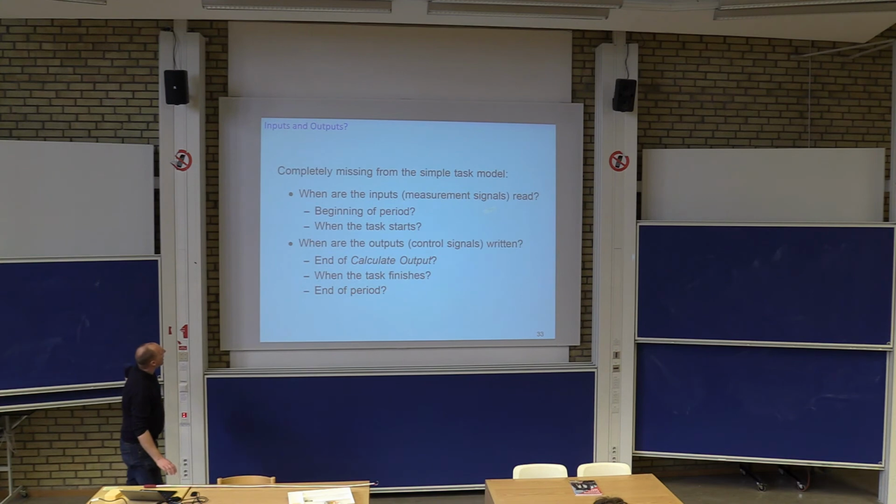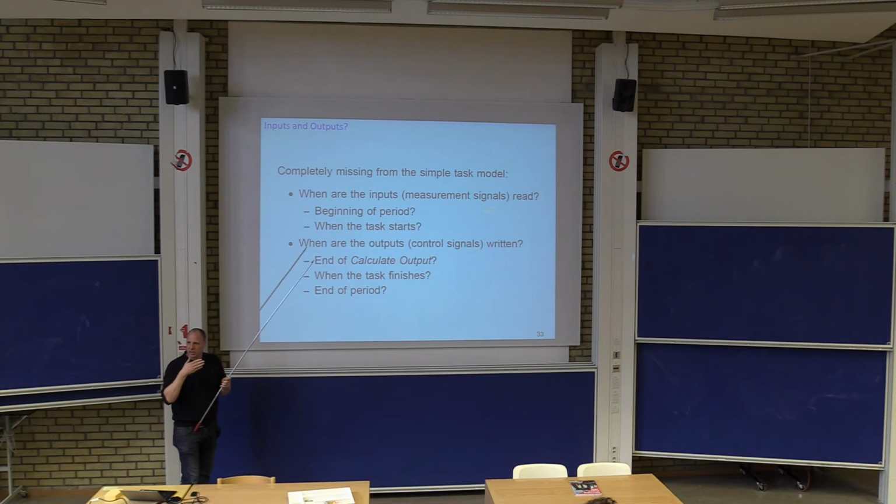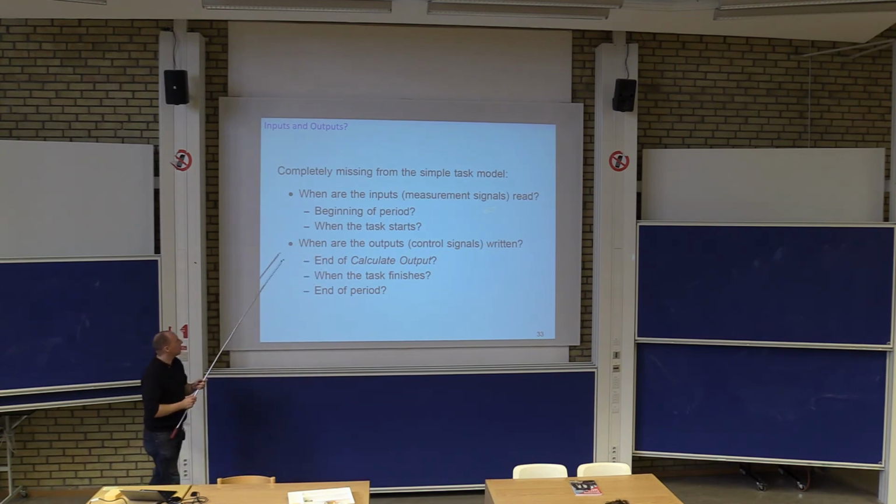And then other aspects that we have is, for example, the inputs and outputs. It's not really clear from the analysis, when are we reading the inputs? Is it at the beginning of the period when the task is released? Or are we reading the inputs when the task starts to execute, for example? This will also affect the control performance. And the same thing for the outputs.